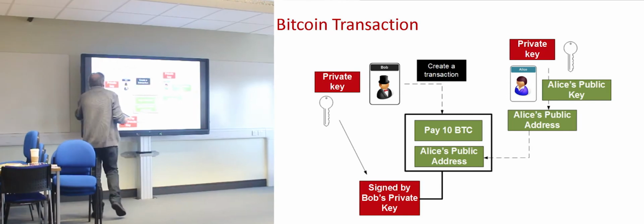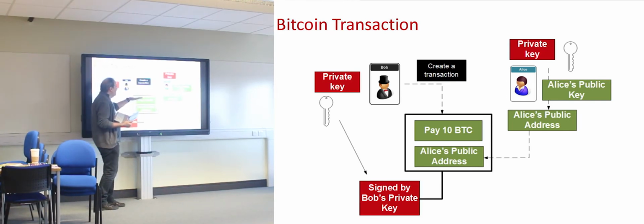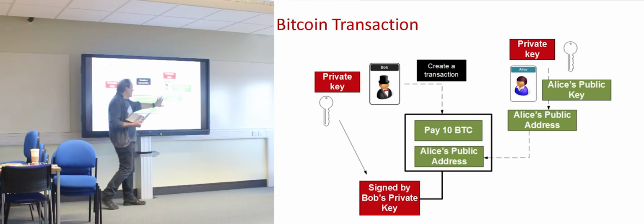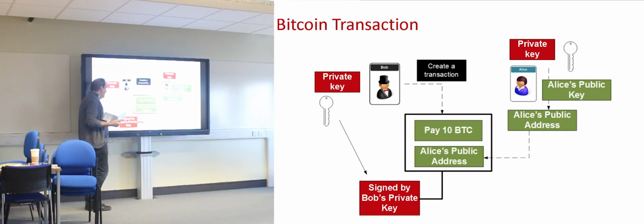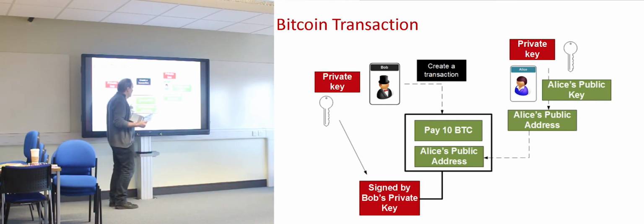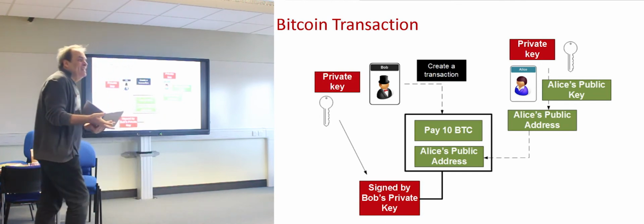Okay, so we'll go into detail next week, but basically when you do a transaction, all you need is Alice's public address. So you say, pay Alice 10 Bitcoins, here's the address, and then you take your private key, and then you sign that transaction. That goes on to the blockchain. So Alice doesn't receive that at all.